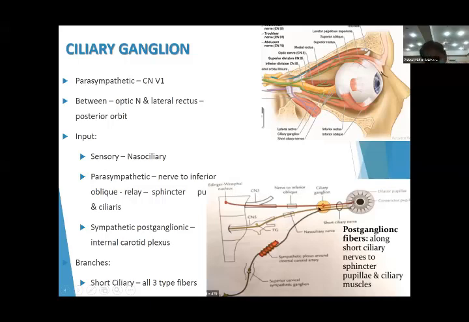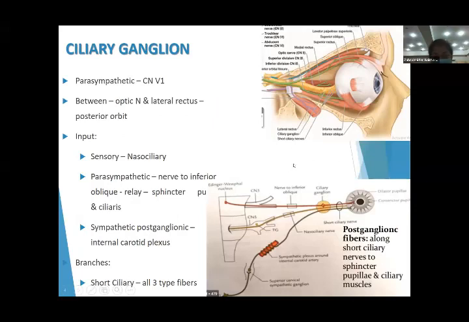They pass through the ganglion, do not relay in it, pass through the short ciliary nerves, and go and supply the dilator muscle. These short ciliary nerves carry parasympathetic fibers, sympathetic fibers, and sensory fibers as well. So the short ciliary nerves convey all three types of fibers. I'll repeat this once more.